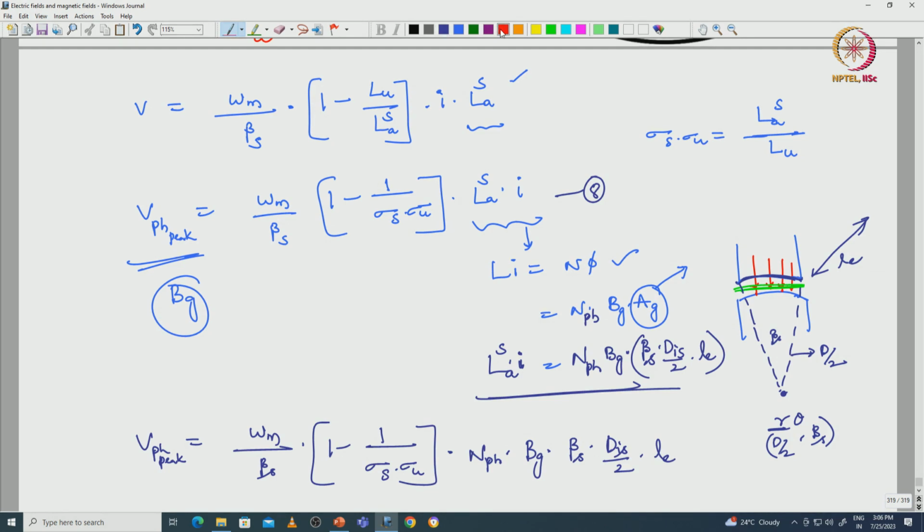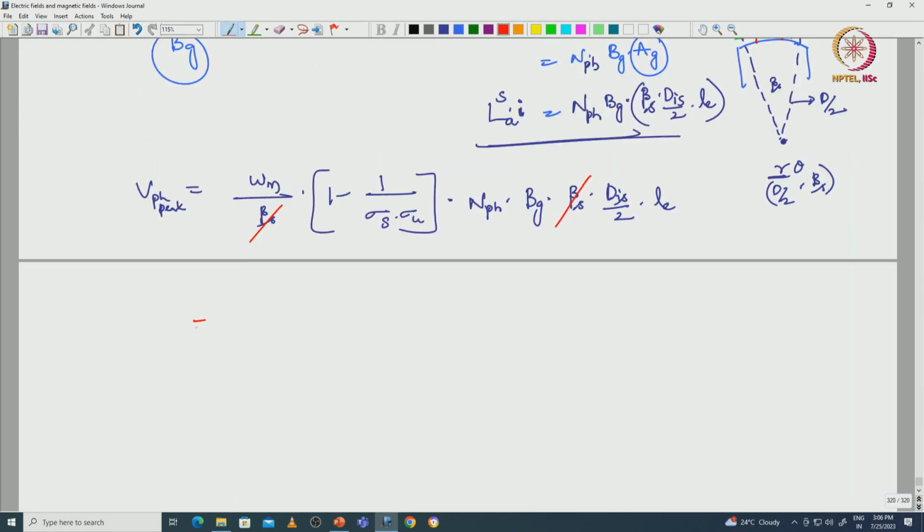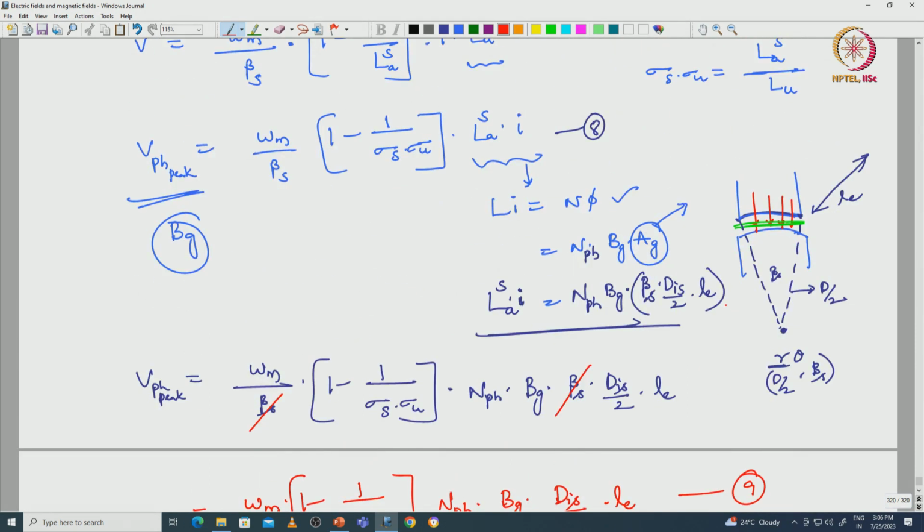So, this angle will cancel out, and we can see the final voltage equation here. V phase peak is equal to omega m into 1 minus the constant terms as they are, N phase, number of turns per phase, flux density at the air gap, bore diameter or stator inner diameter, into Le. This is the final equation of voltage, equation number 9.